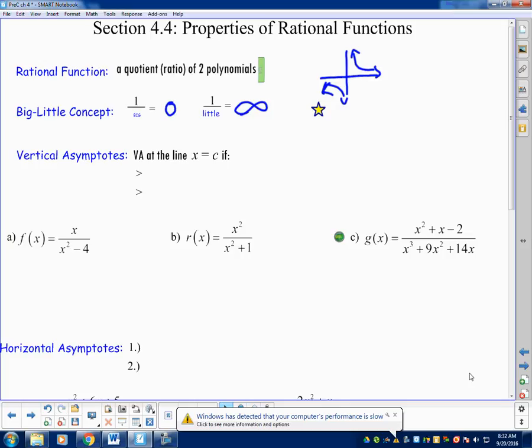Okay. So vertical asymptotes. We have a vertical asymptote at the line x equals c if c is a 0 of the denominator. In other words, we have a vertical asymptote if it makes the bottom 0. But c is not a 0 of the numerator.